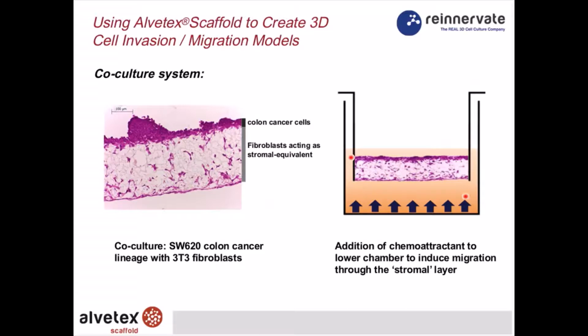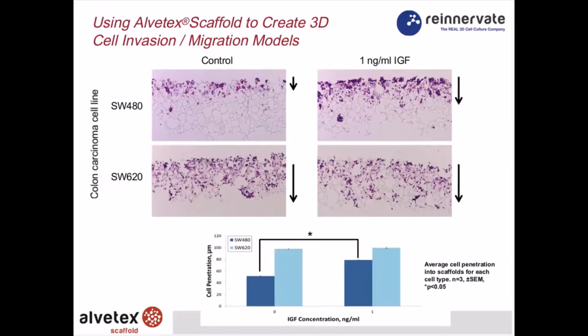We've been using IGF-1, and you can see here, in this example, 1 nanogram per milliliter, and we're looking at the penetration, the migration in this case, of these two cell types into the material. The average distance into the material has been determined and then quantified, and we can see a significant difference in the migration of SW480 cells in response to IGF, but not SW620 cells.